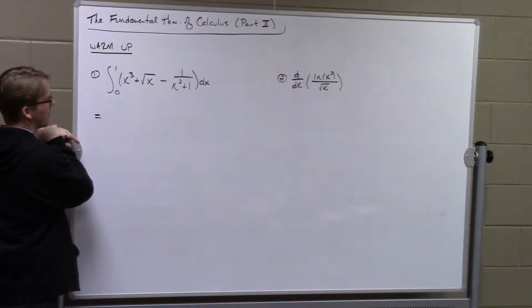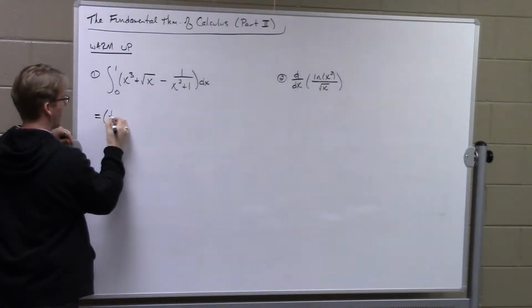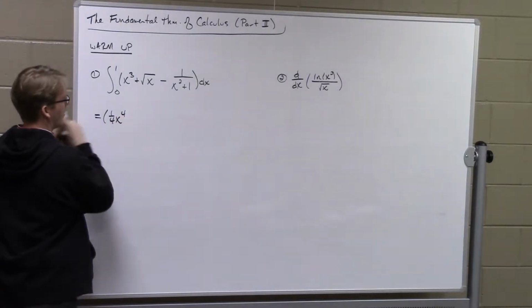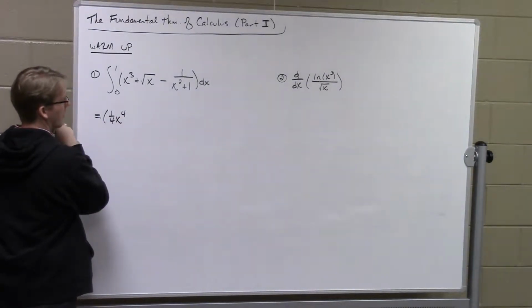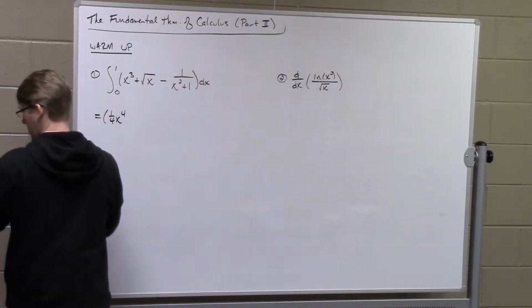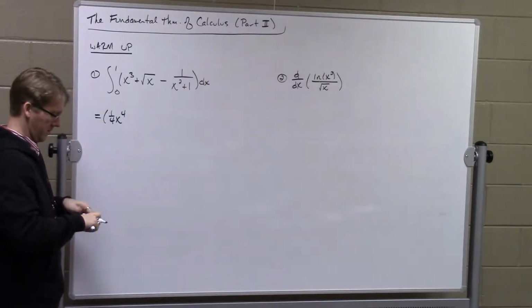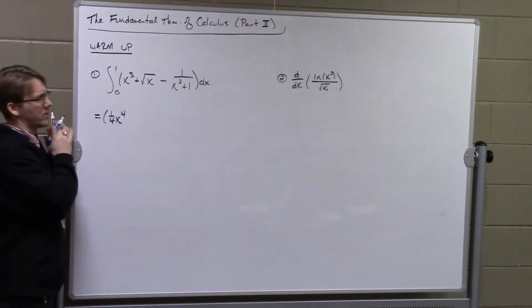Antiderivative from 0 to 1. X cubed, 1/4 x to the 4th. Okay. Square root of x. Negative. Oh wait, we can't do that. What should we do first to this one?